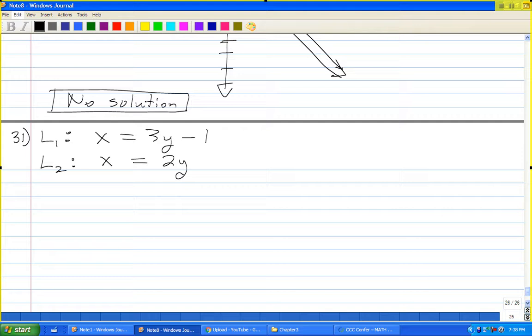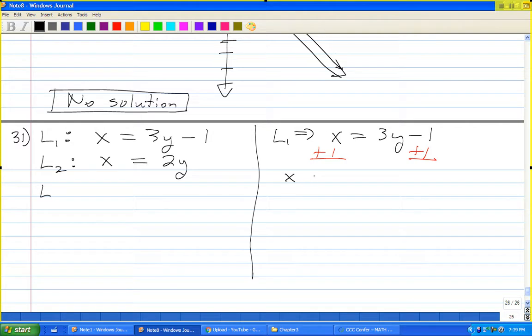Okay, so let's look at L1. x equals 3y minus 1. Add 1 to both sides of your equation, and so I have that 3y equals x plus 1. Divide by 3. So I have that y equals 1/3 x plus 1/3.